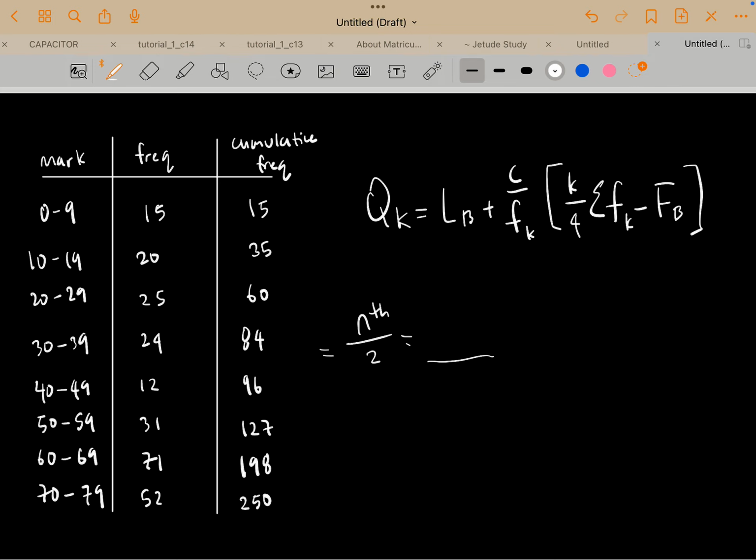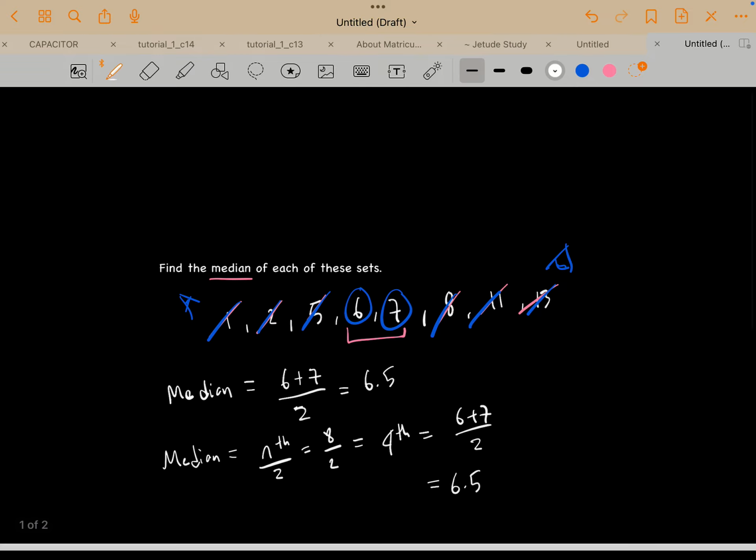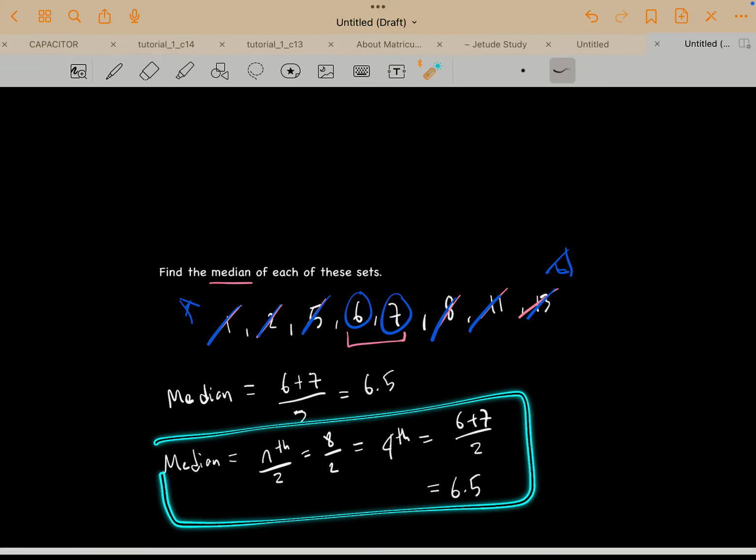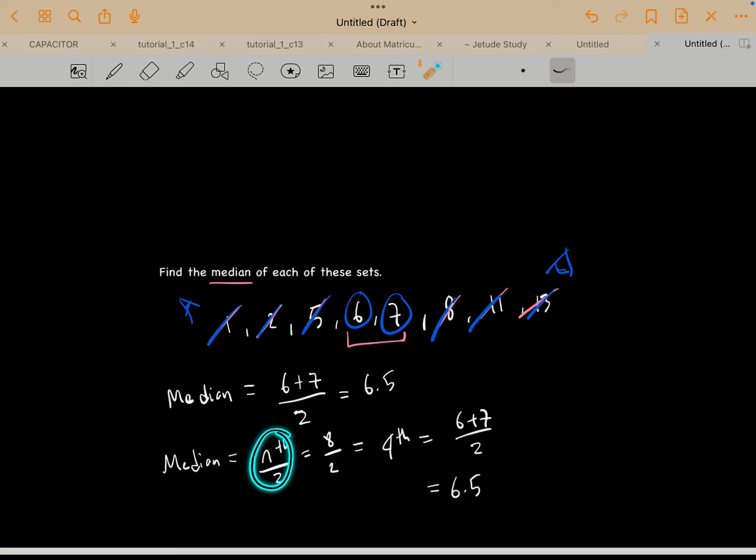Actually, I can scroll up and see that this is one of the ways that we do it. So we use n divided by 2, and then we know that that's the fourth data, and we look from here the fourth, and we divide by 2, and then we get the idea, right?